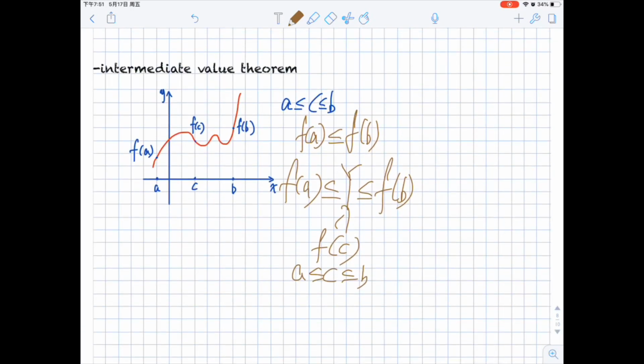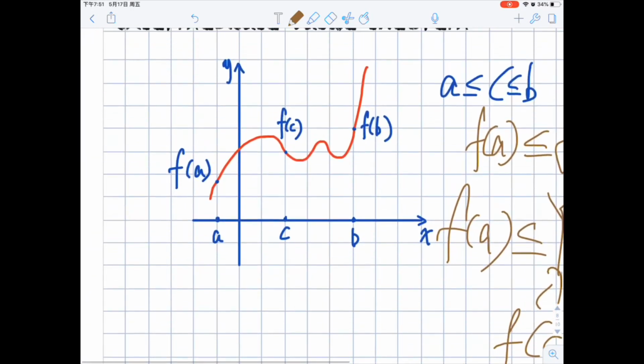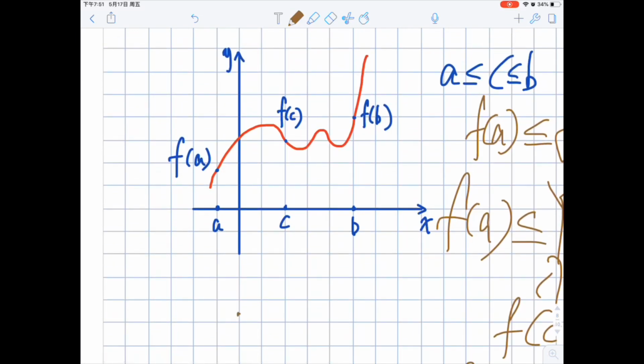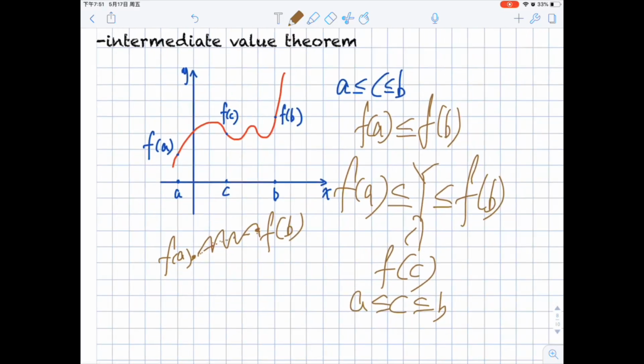So basically, let's see how to prove this theorem. If this is f of a and this is f of b, and we want to get from this point to this point, we have to go through every single different height in between them. No matter which way you are going, you will of course pass all the y values in between them, or else you will not be continuous.